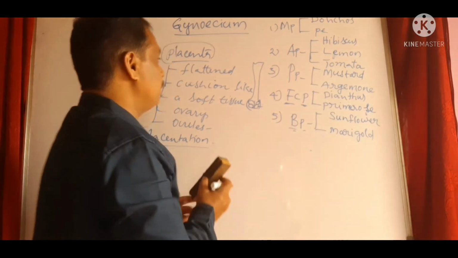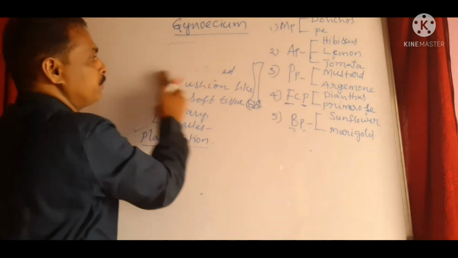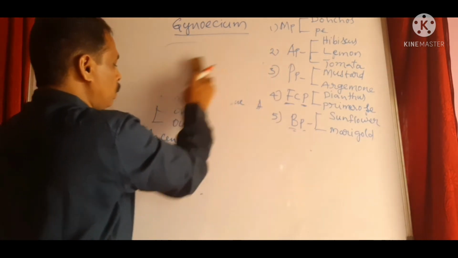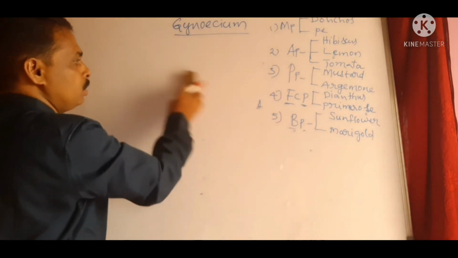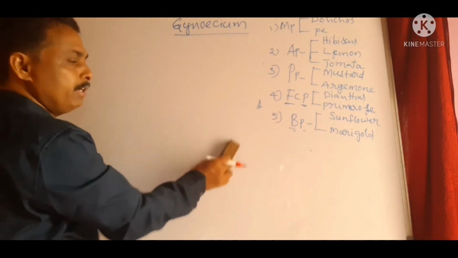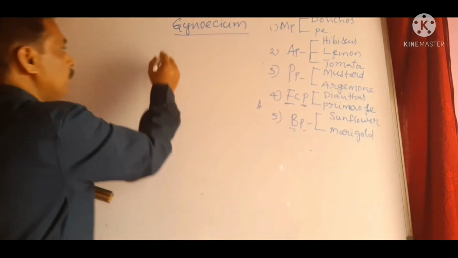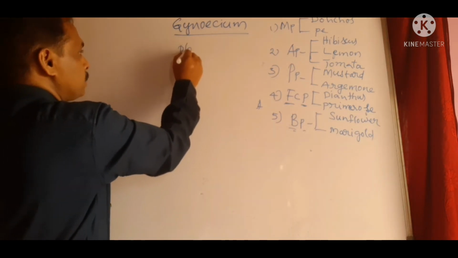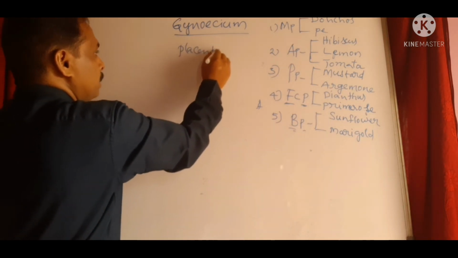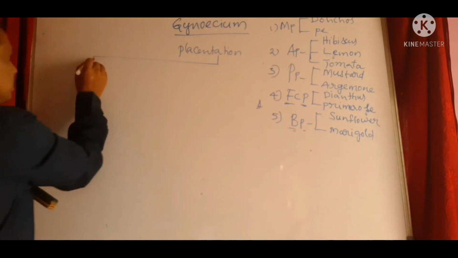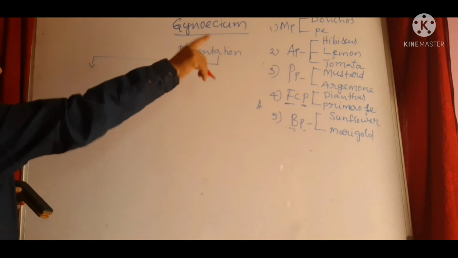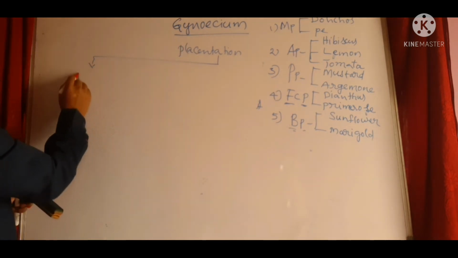Right? And the arrangement of ovules over placenta in an ovary is known as placentation. We have different types of placentation. So what are the different types? The first one is marginal placentation, MP.